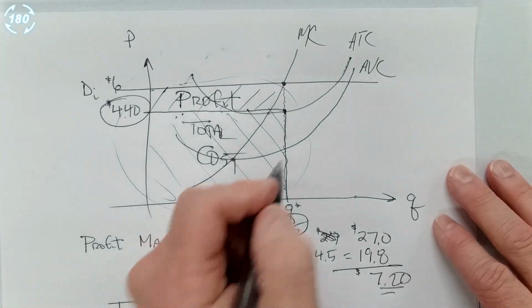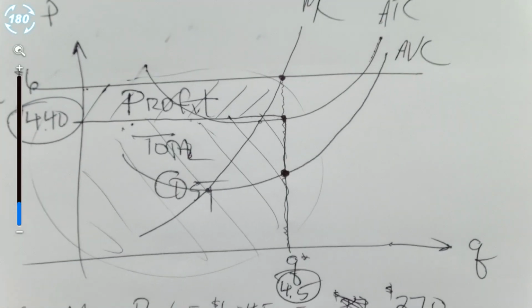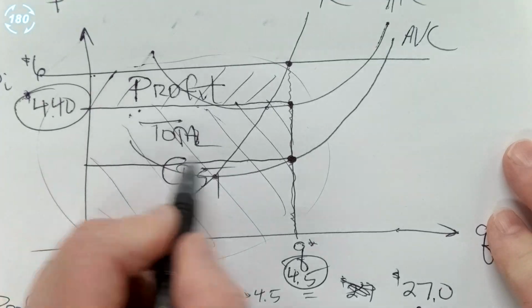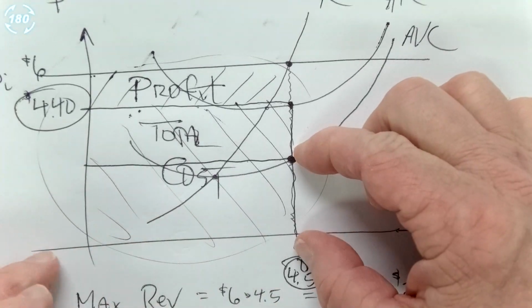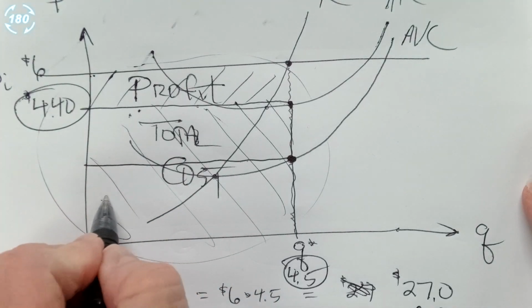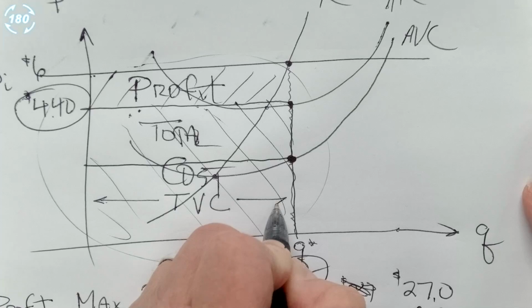So if I come down to the average variable cost curve, and I draw a line across here, this rectangle here is average variable cost times quantity. So what would be the area of this rectangle here? Total variable cost.